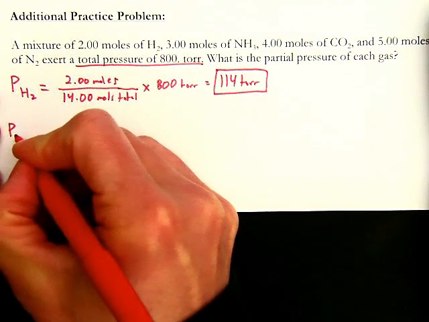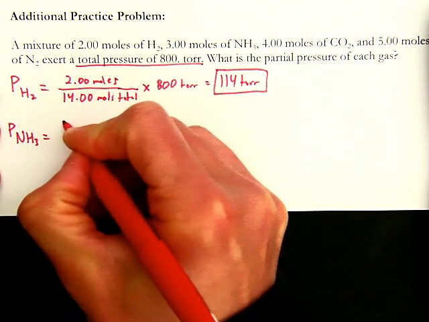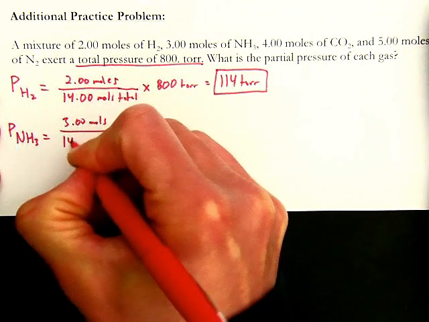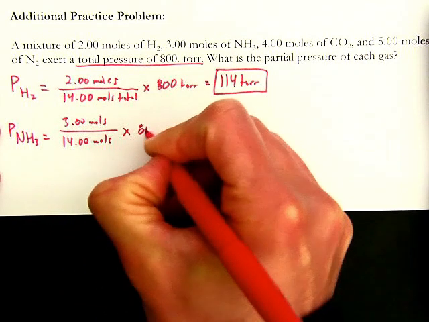Then we have the pressure contributed by NH3, right? And that's 3 moles of the 14 moles times 800.